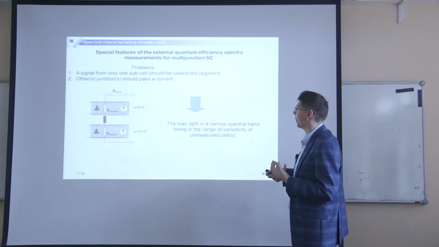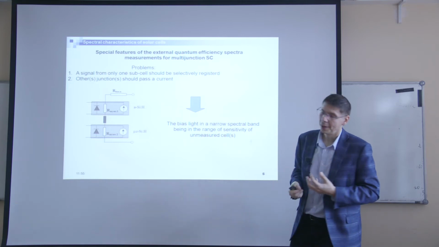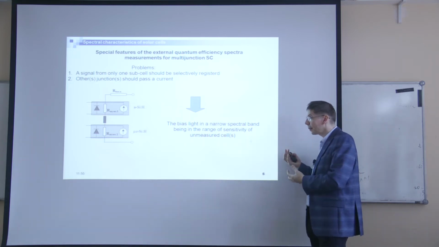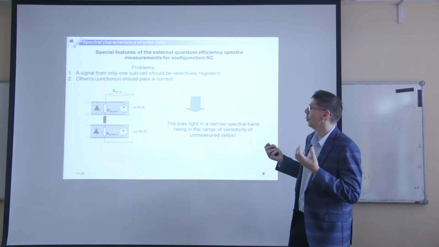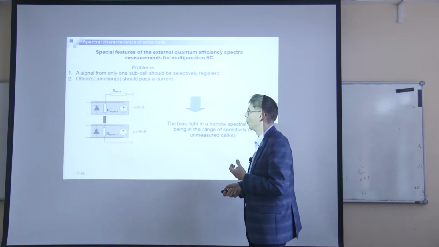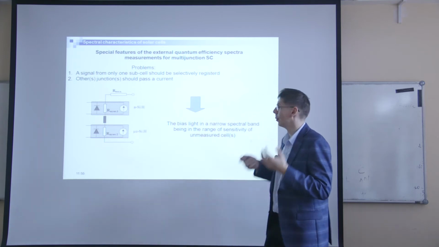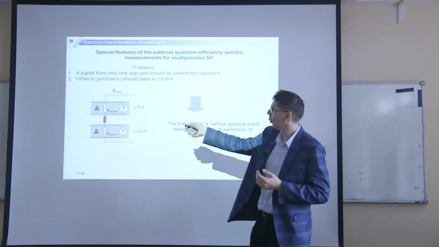The main problem is that if you have two junctions connected in series, and then we want to measure the response from one junction, for example from the top junction, you use some monochromatic light, for example a blue light.